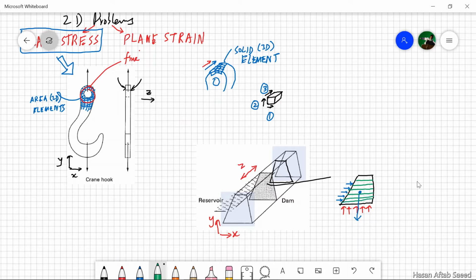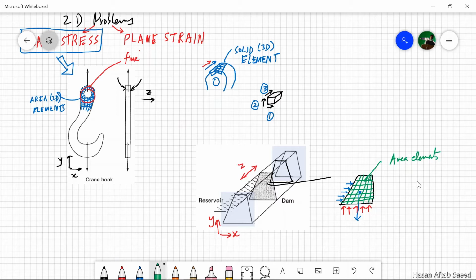And in this case, the saving of computational resources is even greater than the last problem that we took up, because consider you mesh this area elements, let's call it the number n, number of elements n.